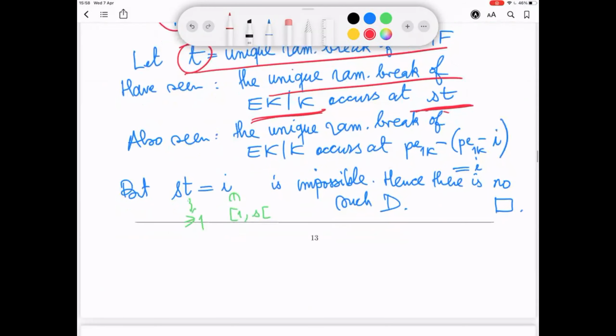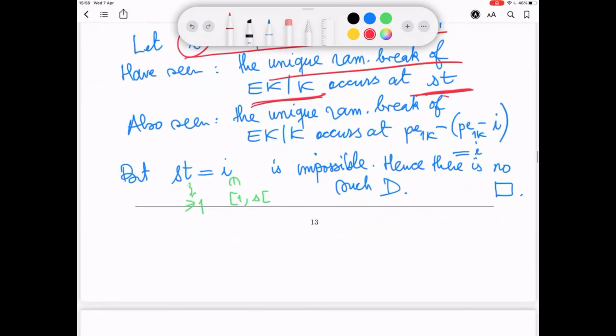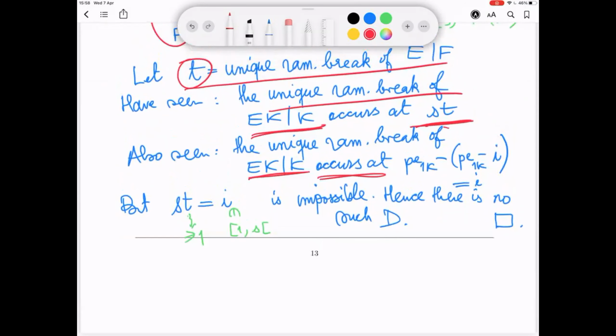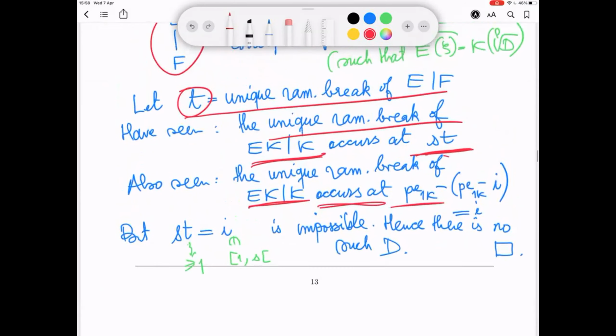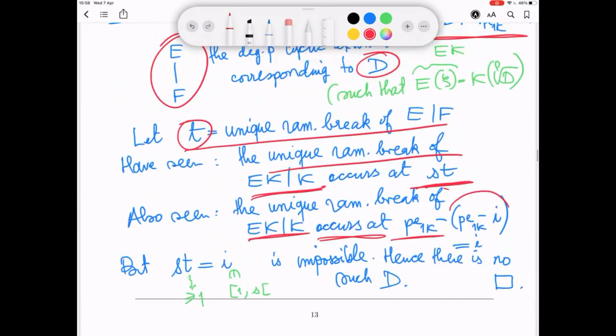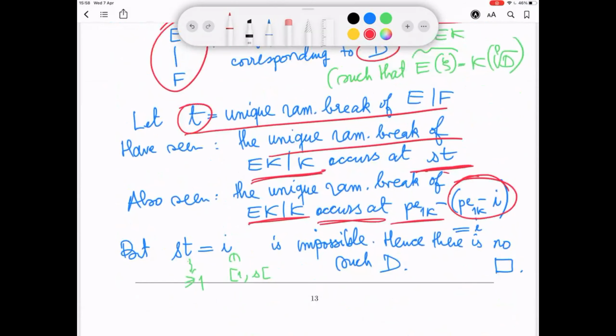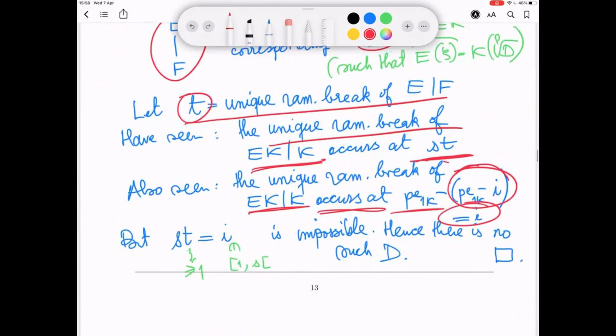Anyway, but we also know that for EK over K, the unique ramification break occurs at PE1 minus this index, whatever this index is. So minus this index here. So that turns out to be I.